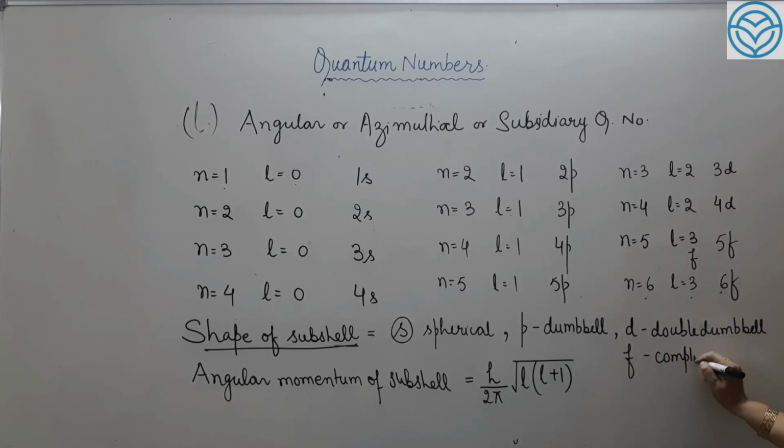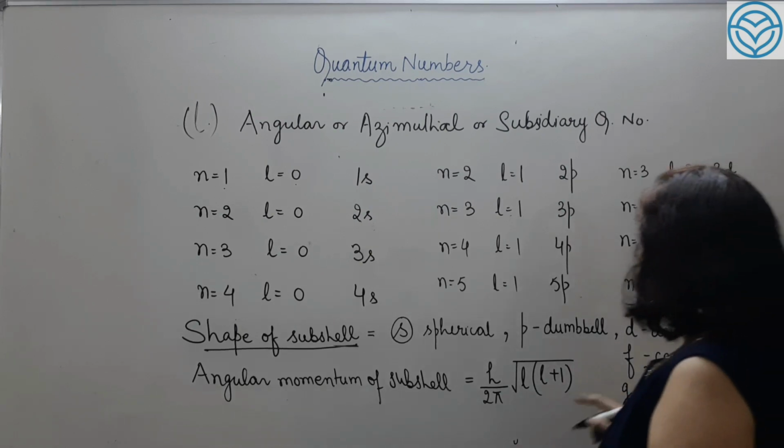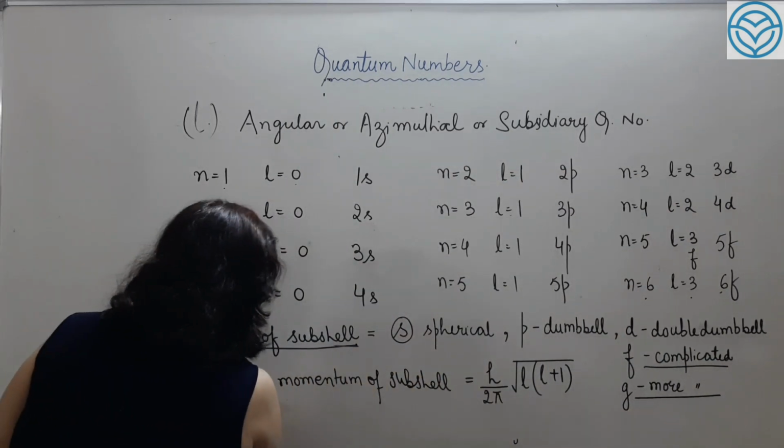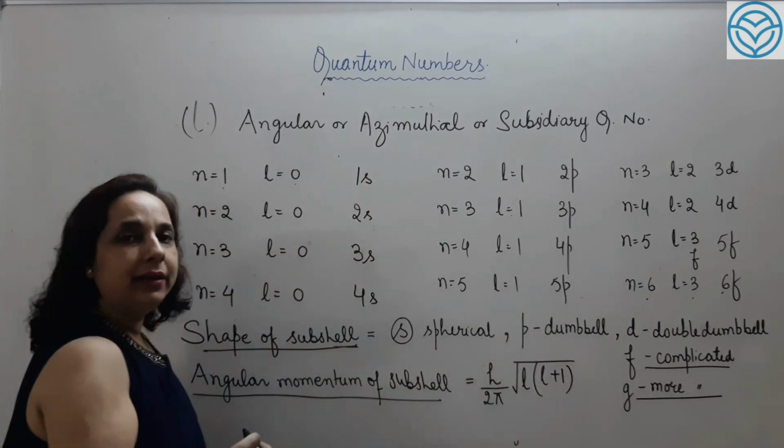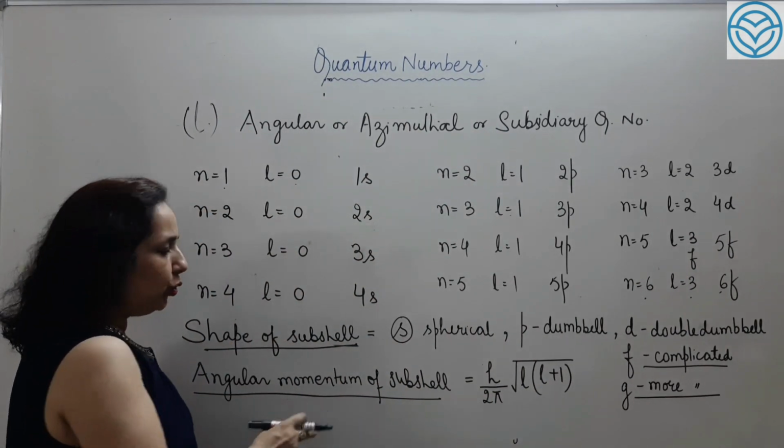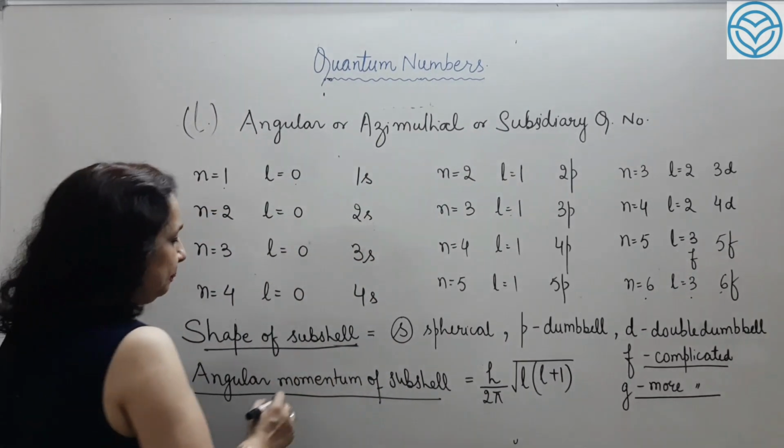F is complicated. G, still more complicated. The shapes are spherical, dumbbell, double dumbbell, then complicated shapes. The formula of angular momentum is h upon 2 pi times the square root of L into L plus 1. If the value of L is known, we can calculate angular momentum.